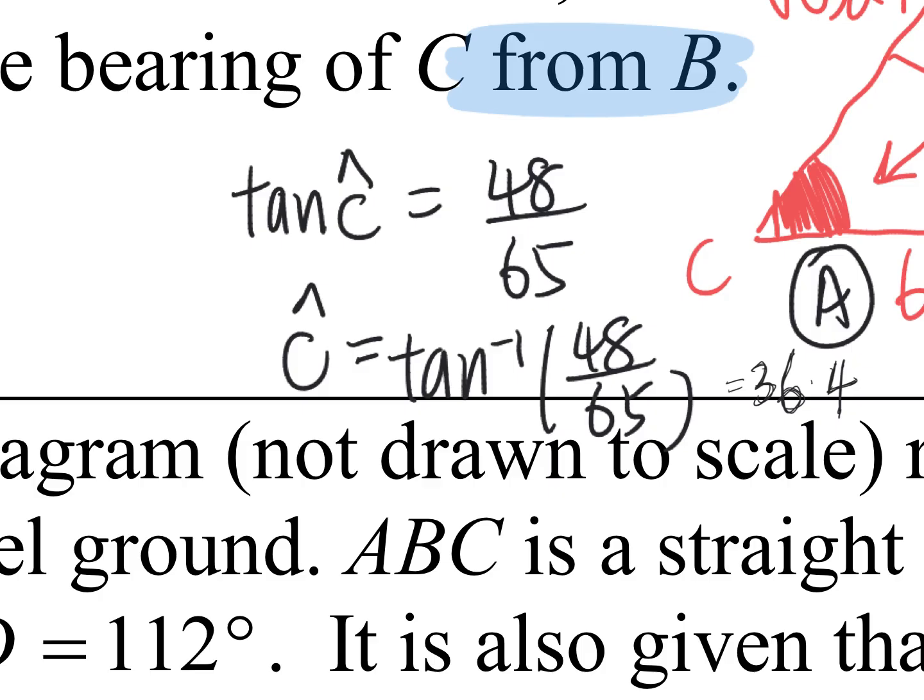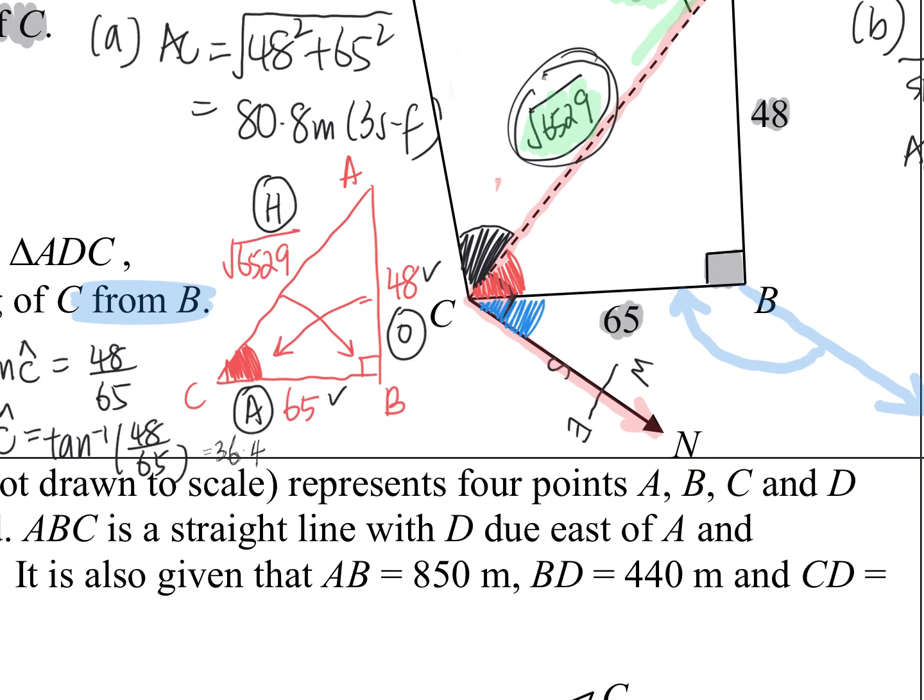Okay, you see, what if I found this to be 36.4? It means I can find the blue angle by using 90 minus the 36.4. So if I use 90 minus the 36.4, I get 53.6.